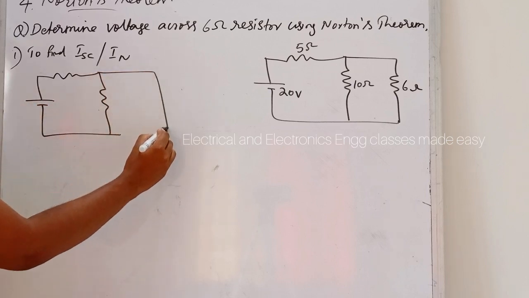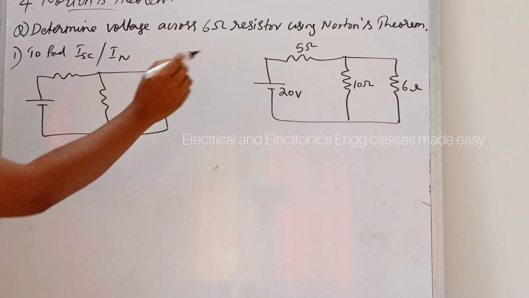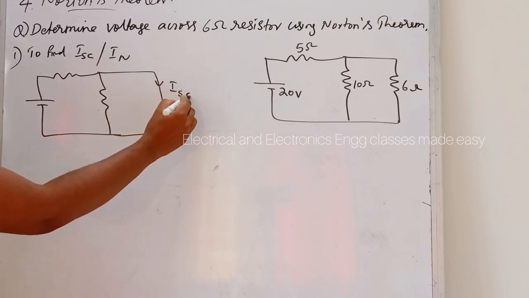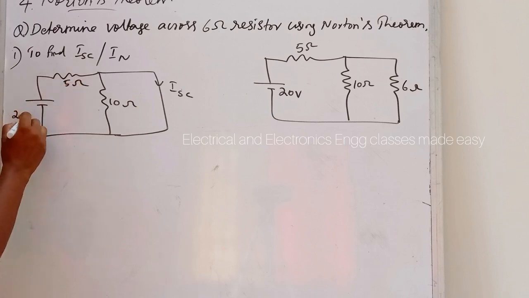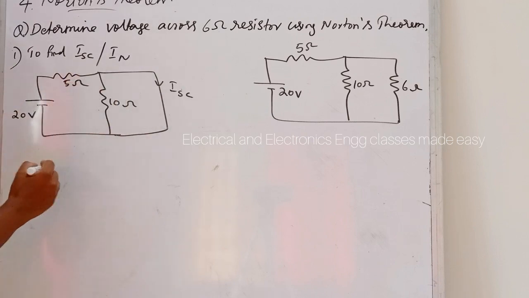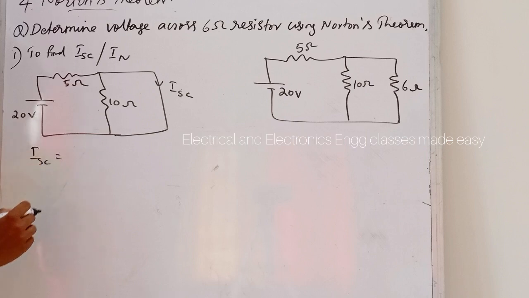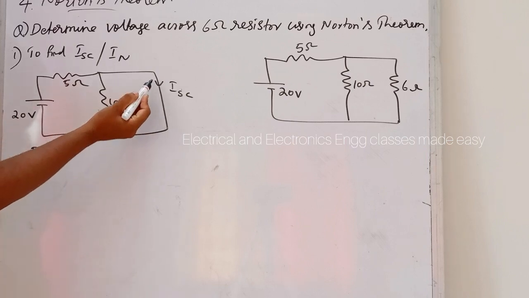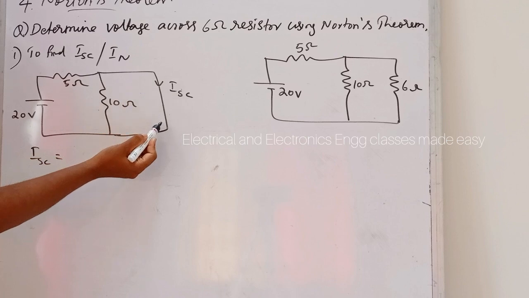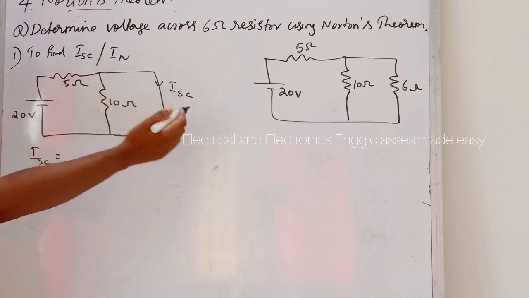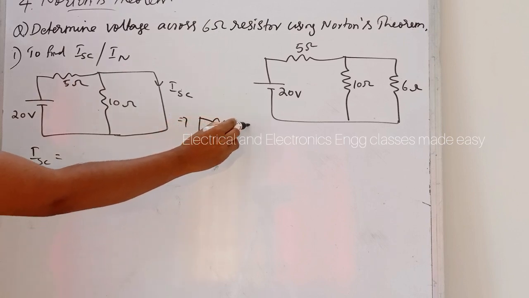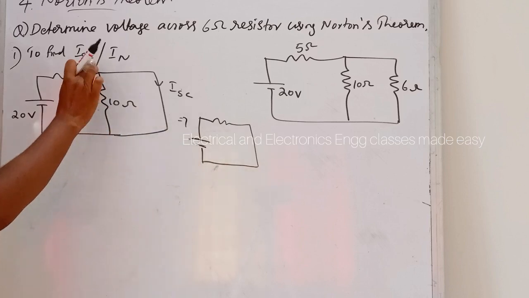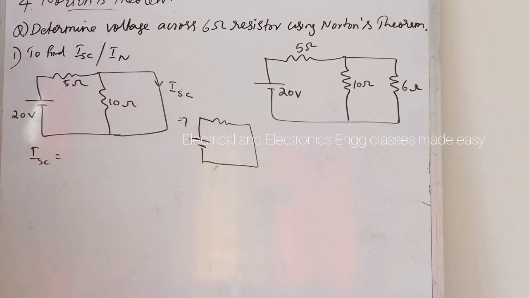So we have to short circuit the load resistor and find ISC. This is 10 ohm and this is 5 ohm. This is 20 volt. So what is the value of ISC? While short circuiting this branch, it will be like short circuiting this parallel branch also.